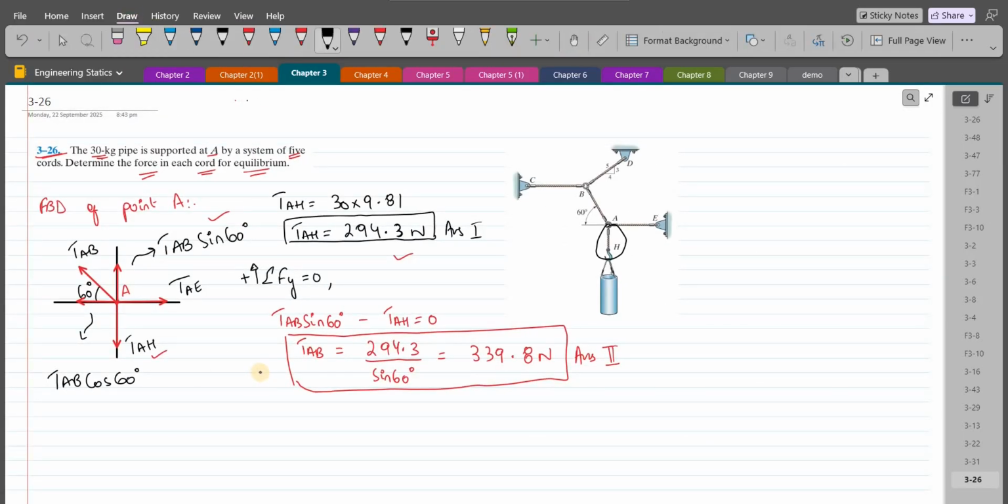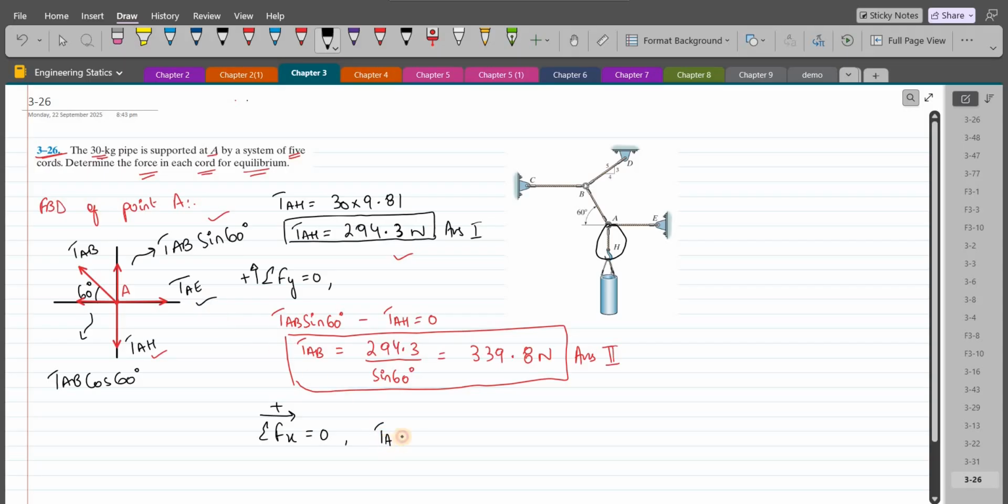Now we have to find the force TAE. For that, I am going to do summation of forces in x direction equals to 0. I am considering right hand side as positive. So we have TAE minus TAB cos 60 equals to 0.